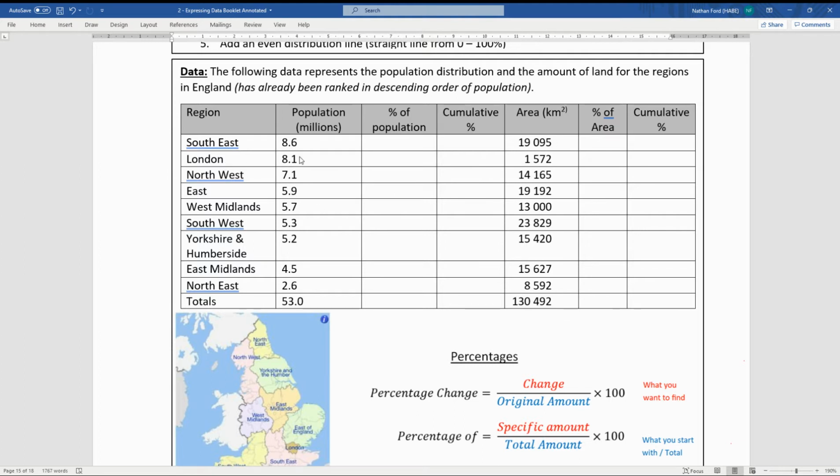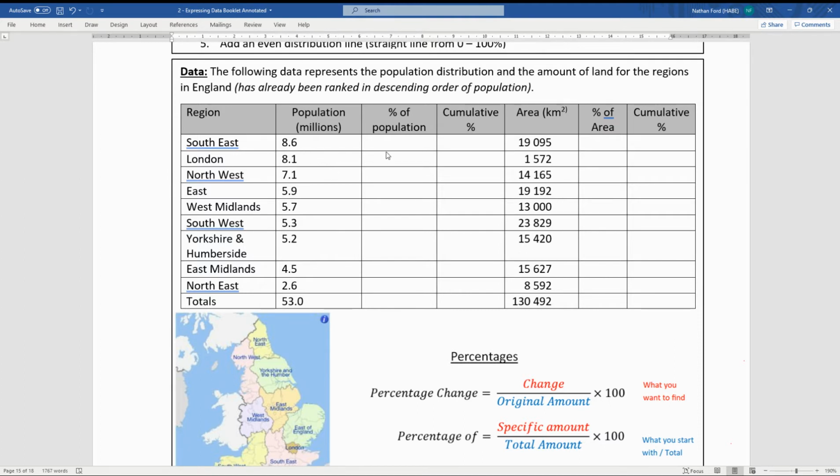London has 8.1 million and a land area of not even 2,000 square kilometers. Northwest has 7 million, but it has 14,000 square kilometers, and it goes through them here. You may already notice that the population is in descending order, so we won't need to do the step of ranking them because it's already been done for us in this example, but you will have to do that for whichever one you decide.